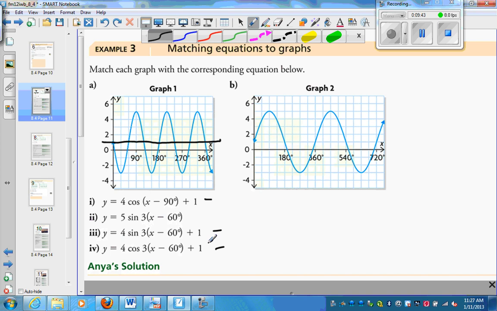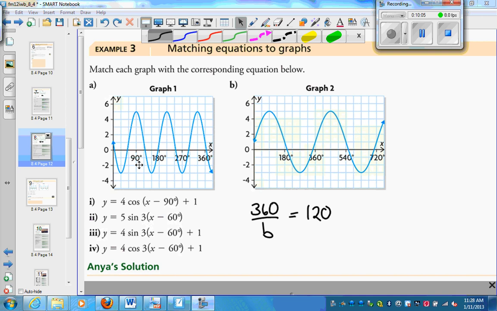A couple other things I could tell, I could look at the period. It looks like it starts here, and then it begins repeating again right there. So its period length is that long, and then it starts repeating again. It looks like its period is every 120. Each of these squares is 30.